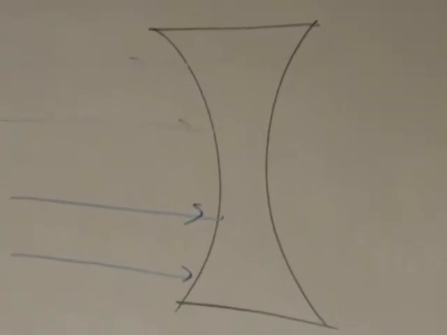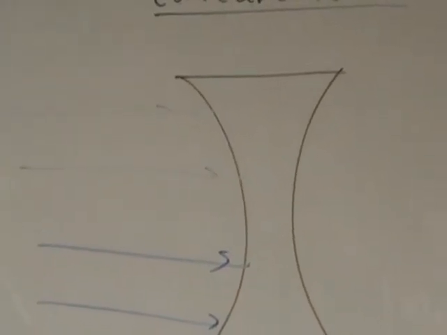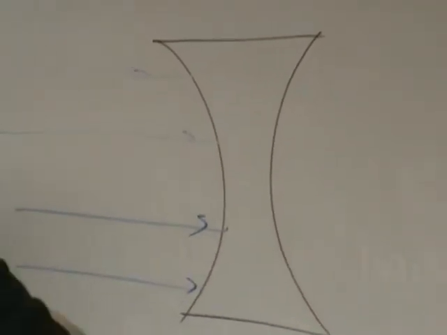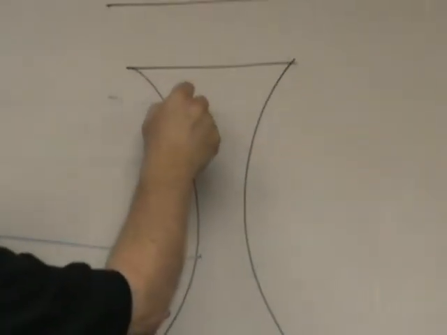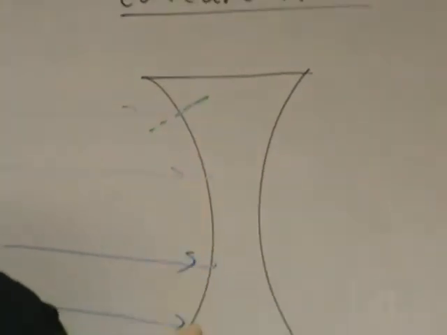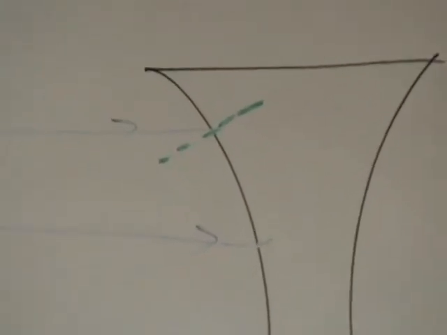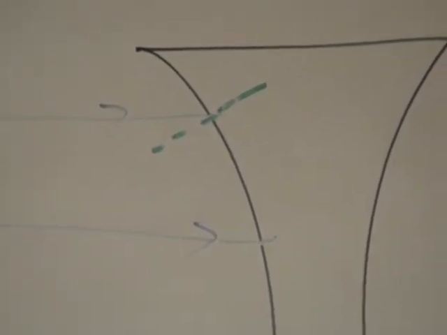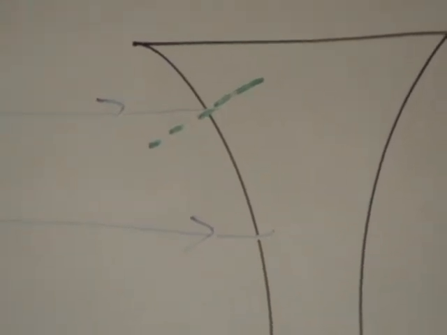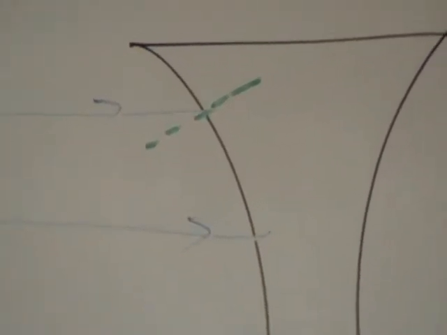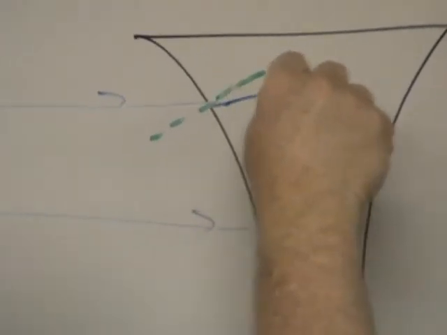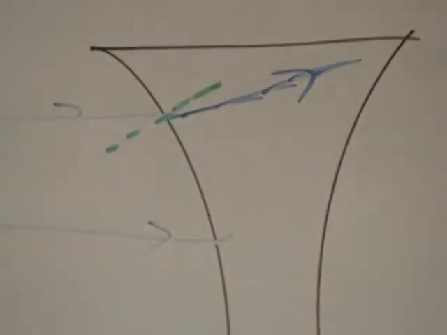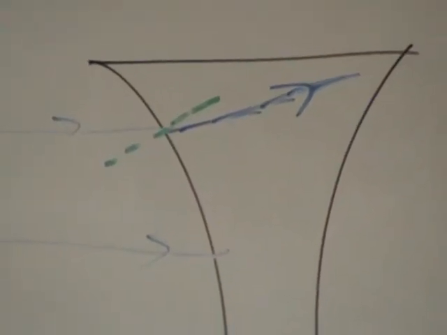Here's my parallel rays of light. Here's my normal line. Tell me, is that ray going to refract towards or away from the normal line? Away, because I'm going from air into glass. Small index of refraction medium into a big index of refraction medium. So this ray is going to refract away. And do you see how that's different from a converging lens?